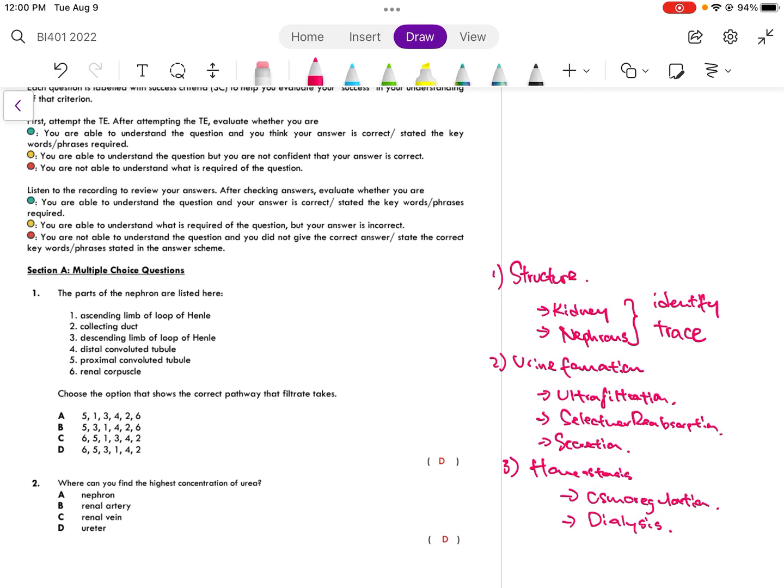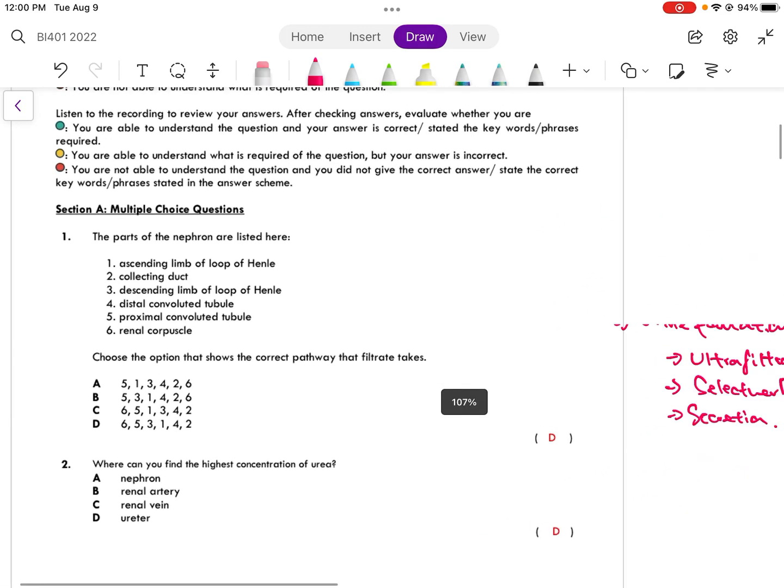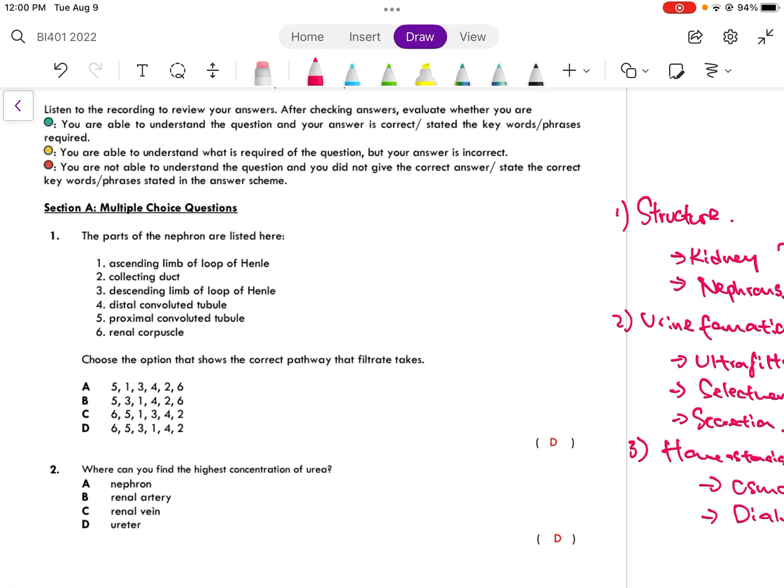If you look at question 1, it's actually a question on structure and tracing the pathway that filtrate takes. So what's the correct pathway that the filtrate takes? It should start off with the renal corpuscle. So anything with 6 should be the answer.